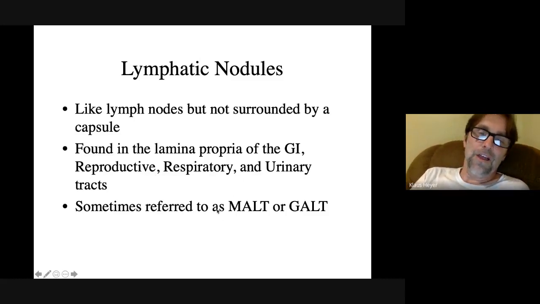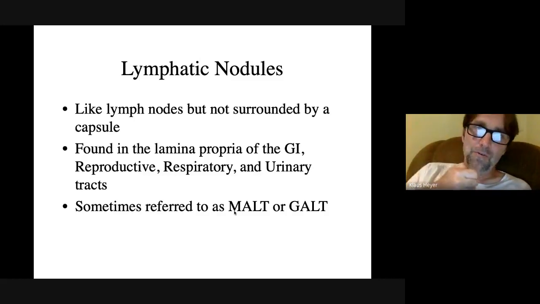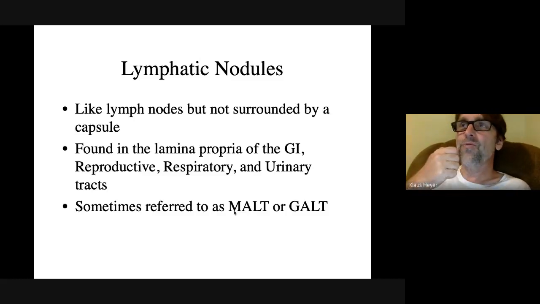They'll call it mucosa associated lymphatic tissue. Mucosa is another word for lining. The lining of your cheeks, mucosa, right? If you do a COVID test, they do it in your nose, they're all up in your mucosa. If they were to do it in the back of your throat, they would be all up in your mucosa, right?